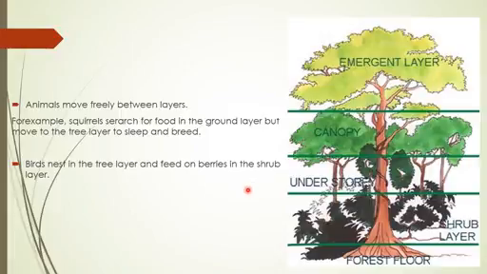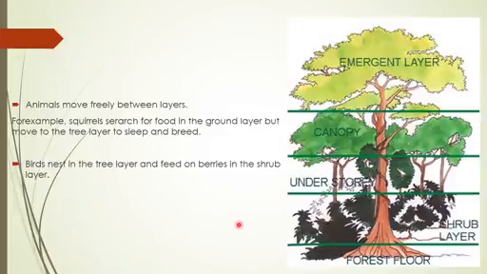They have given the example that a squirrel searches for food on the ground, but it lives on the tree, sleeps on the tree and breeds on the tree. It comes down for some time to search for food. Similarly, birds make their nest in the tree layer and feed on the berries in the shrub layer.